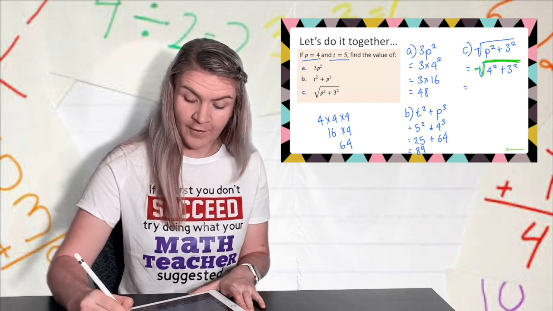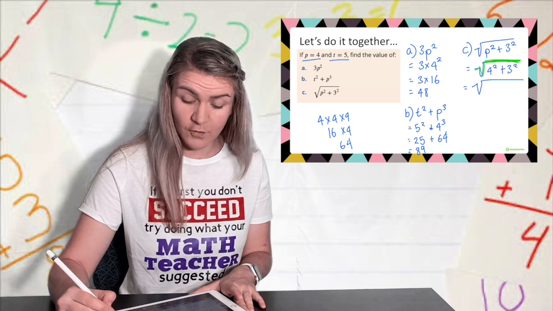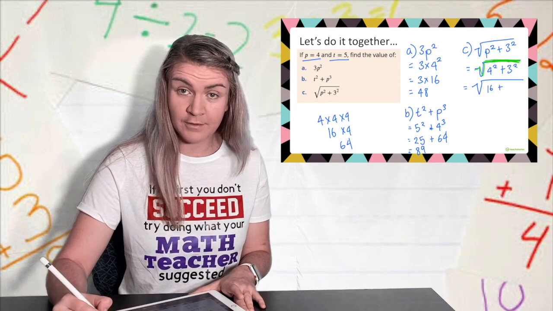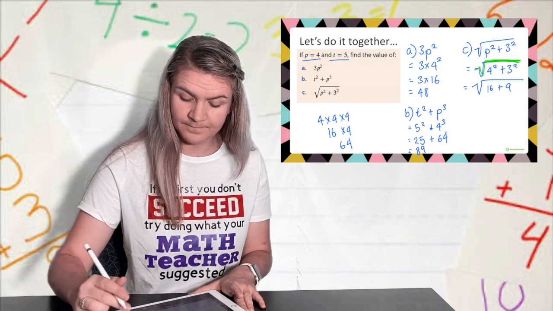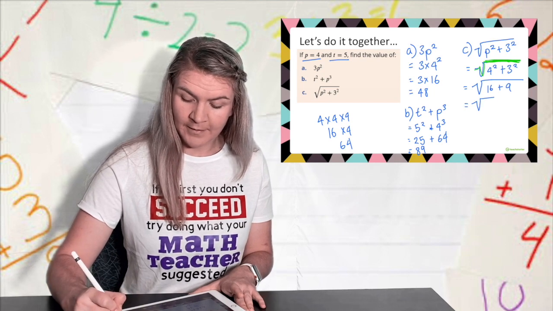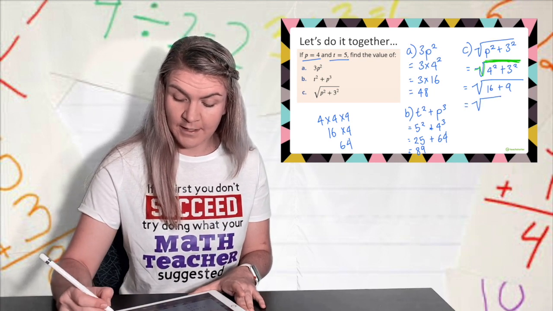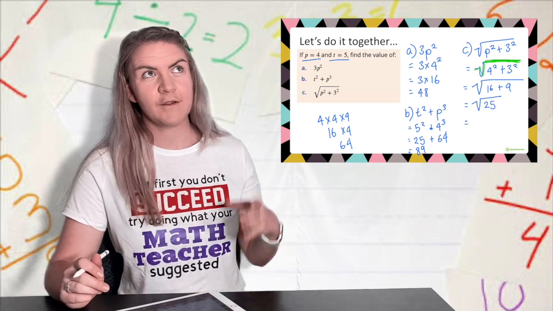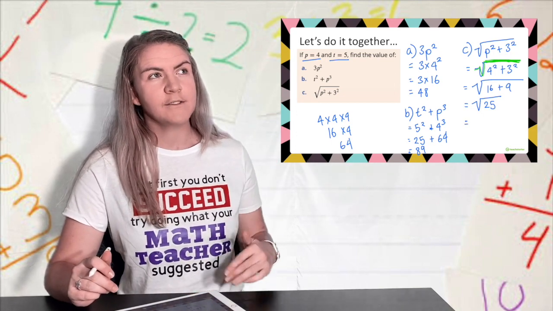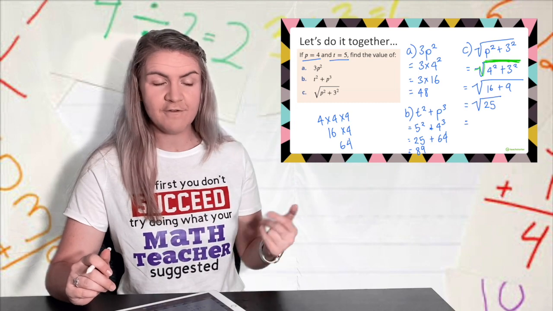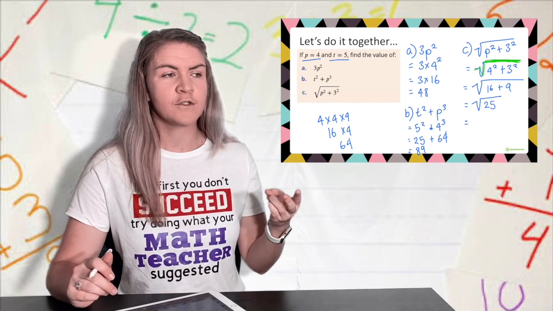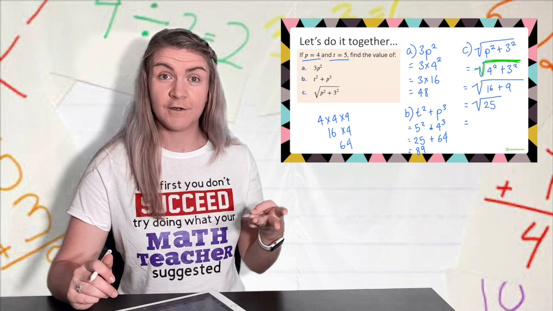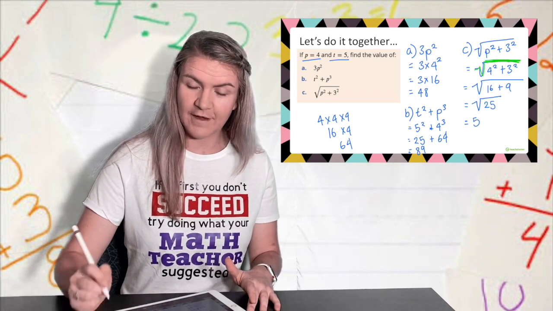So we're going to solve it first. So 4 squared is 16, 3 squared is 9, and then I'm going to add it up. 16 plus 9 is 25, and remember square rooting is when we think what number times by itself equals 25. 3 times 3 is 9, 4 times 4 is 16, 5 times 5 is 25. So my answer is 5.